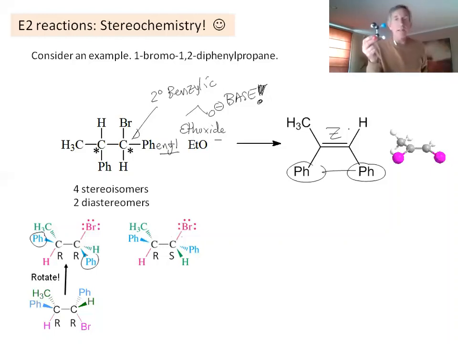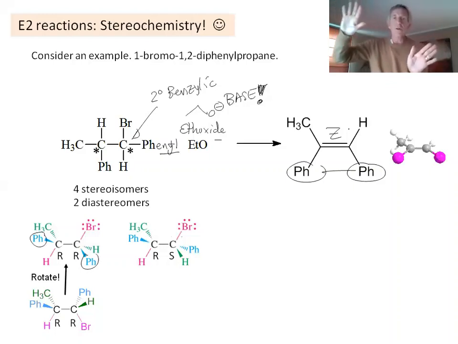I have the model of it here, but notice I've already drawn it beautifully with the hydrogen and the bromide on opposite sides, anti to each other, and in the same plane, the plane of the paper.